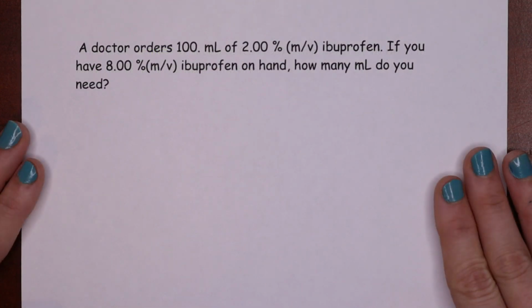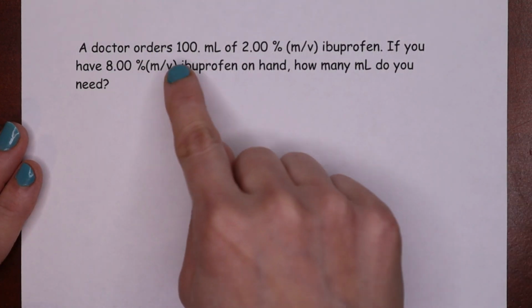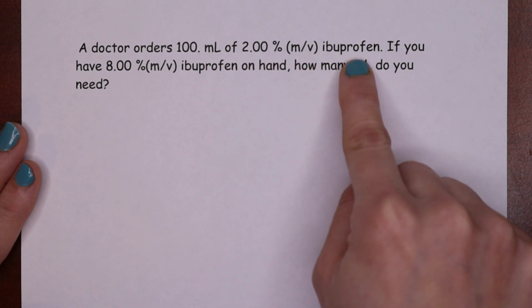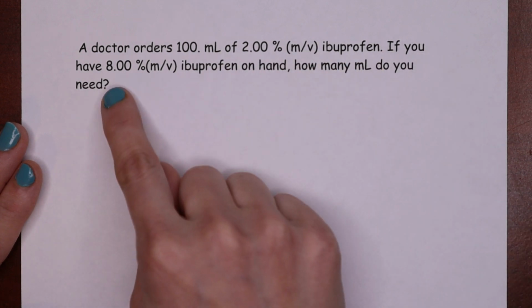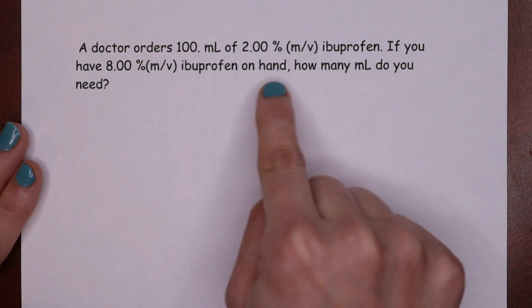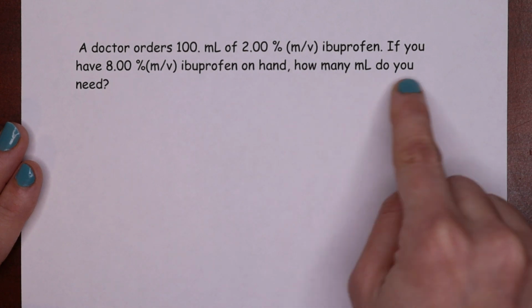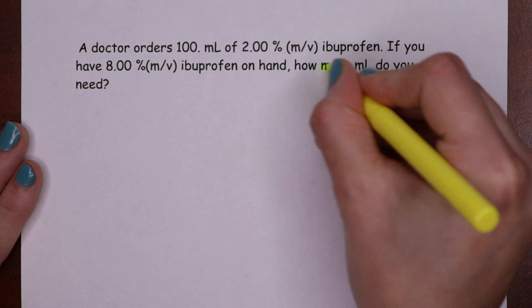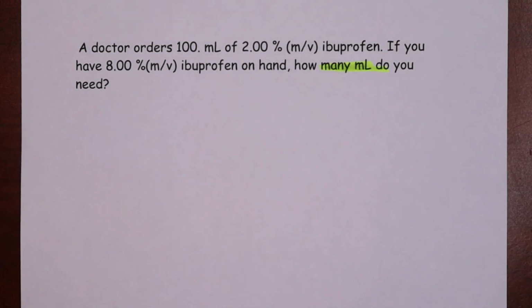The next question says, a doctor orders 100 milliliters of 2% MV ibuprofen. If you have 8% MV ibuprofen on hand, how many milliliters do you need? So we want milliliters, all right?